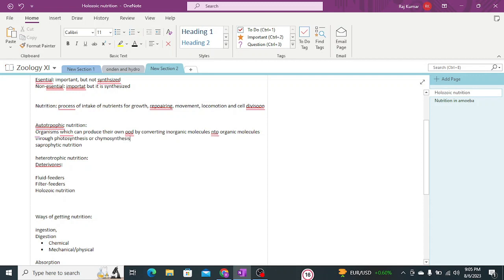So here there are two processes which are involved in creation of food by organisms, by converting inorganic substances into organic substances: photosynthesis or chemosynthesis.